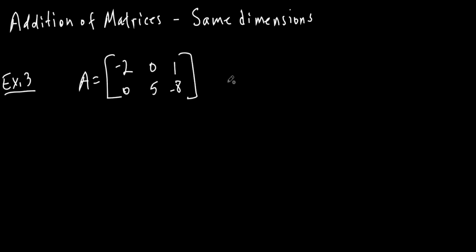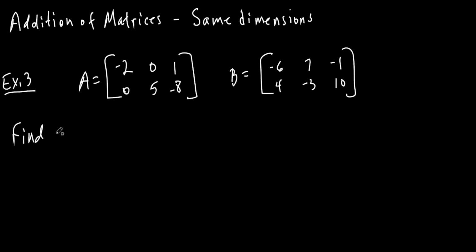That's matrix A. And they tell you matrix B is -6, 7, -1, 4, -3, 10. All right, there you go. So this is what they give you, and they're going to ask you to find A plus B. So matrix A plus matrix B. That's what they're asking you to do.